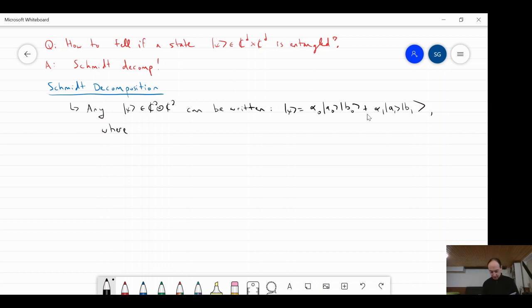These guys here are scalars. These are called the Schmidt coefficients.